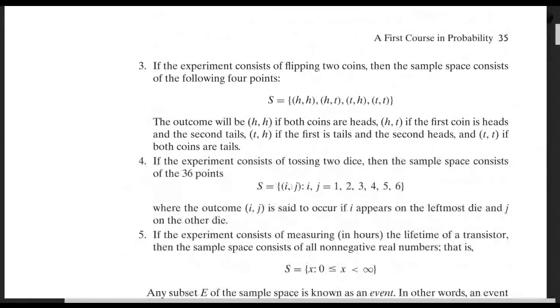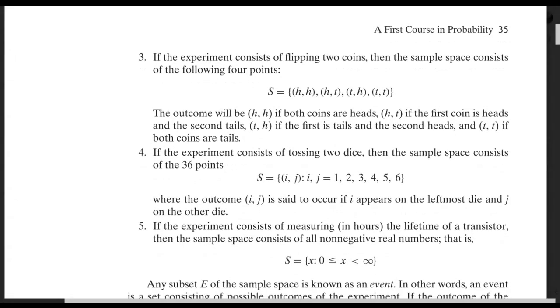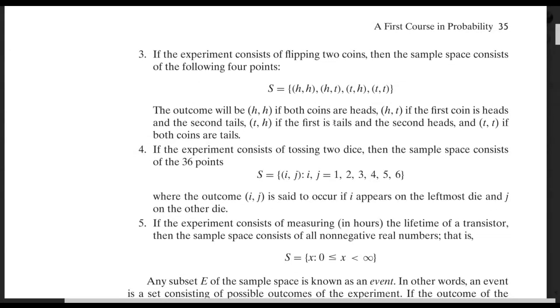For this one, we have 36 outcomes, so the number of subsets will be 2 raised to 36. If this has 4 members, the subsets we can make is 2 raised to 4. We also have an empty set, and the sample space itself is a subset. So we have 2 raised to the number of members in the set.